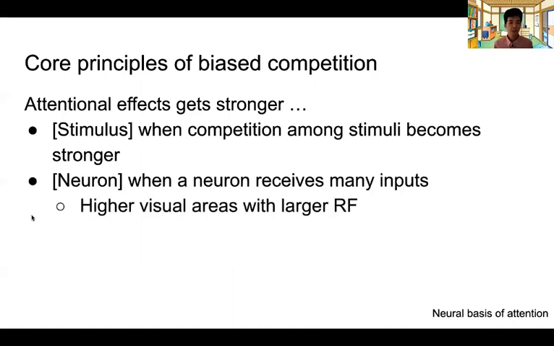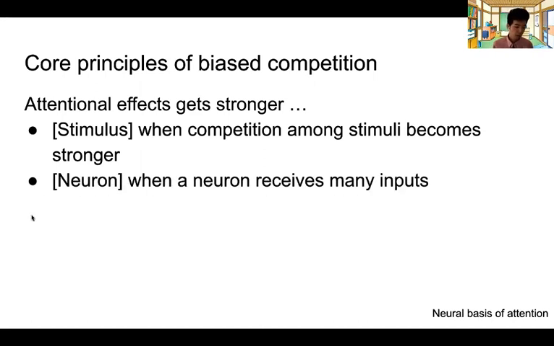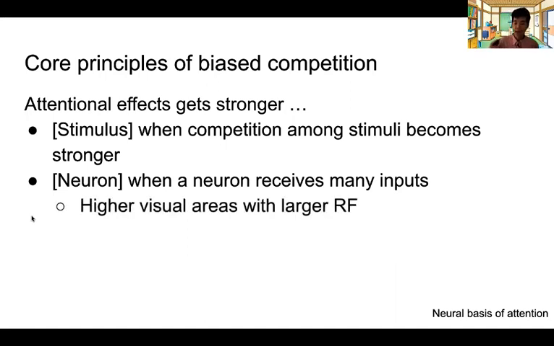And for a neuron to operate on attention or benefit from attention, it has to receive many inputs from many different kinds of neurons, and that kind of situation is expected to occur in the higher visual areas, which have neurons with larger receptive fields, like IT, FFA, PPA or V4, compared to V1, V2.